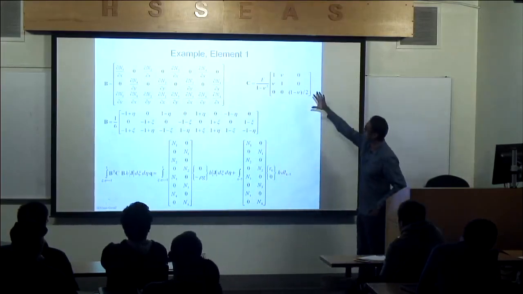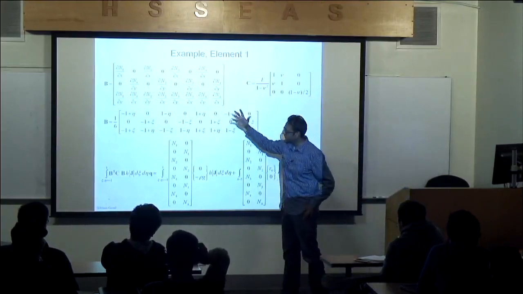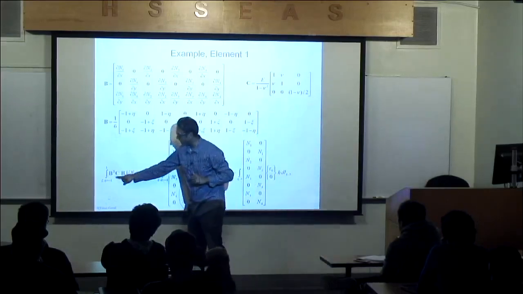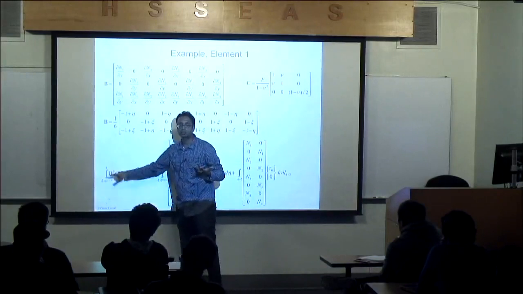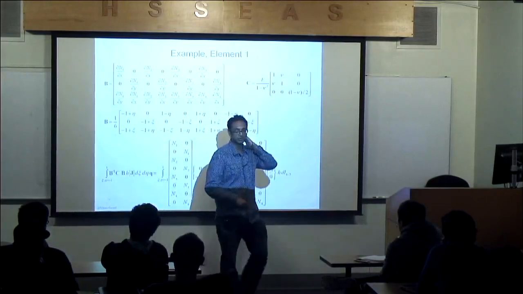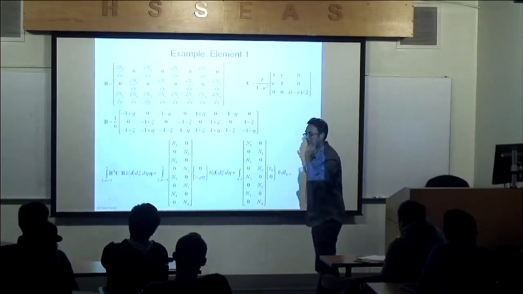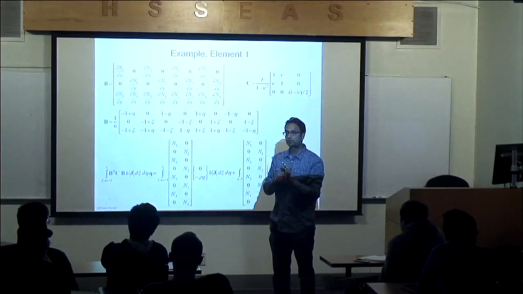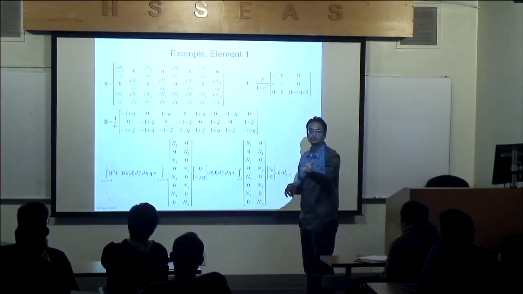So this is fully populated. These are just functions of eta and C. Plug all this in here. Take B transpose times C times B. Integrate from -1 to 1 using Gaussian quadrature. You guys know how to use that. I showed you in the previous lecture how to do that. The integration points, I believe, are plus minus 1 over square root of 3. I could be wrong. Something like that. And the weights are 1.